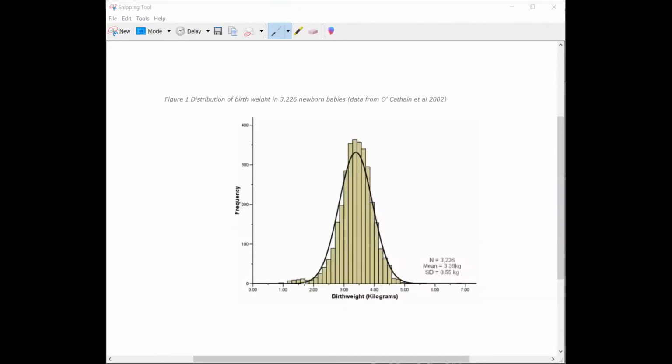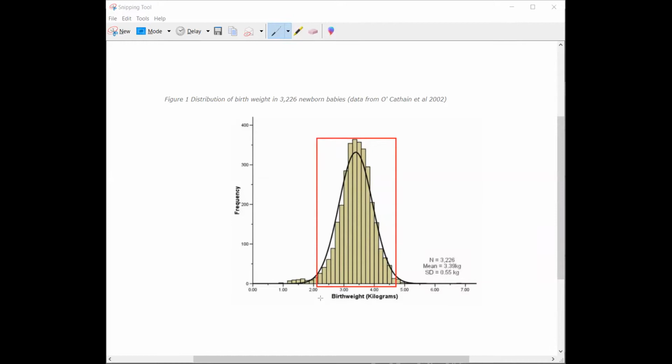So here's our diagram. 2.2 is around here, 4.6 is over here. So 95% of our birth weights lie within those two values. That kind of makes sense. I think 95% of the babies in this survey have birth weights between 2.2 and 4.6.